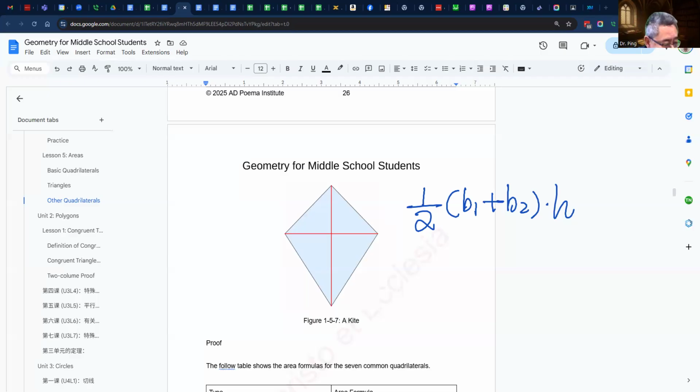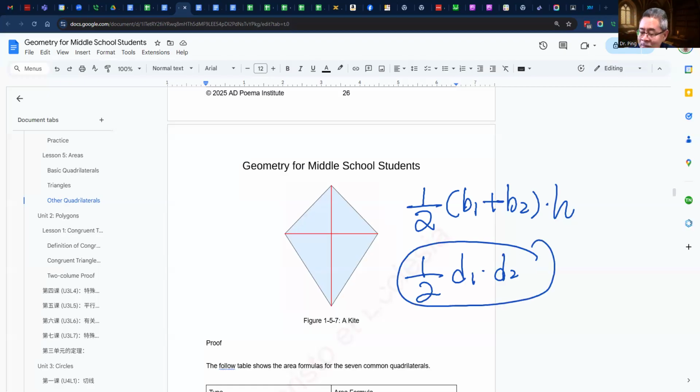So what's the area formula for rhombus? Yeah, actually it's half D1 times D2. Good. Yeah, you actually make another half. So it's just half D1 D2. Okay, very good. How about a kite?